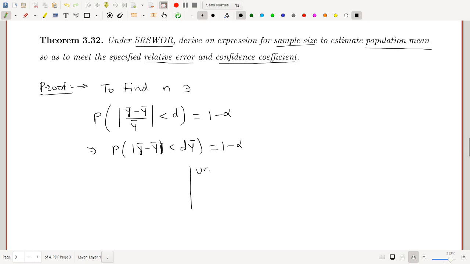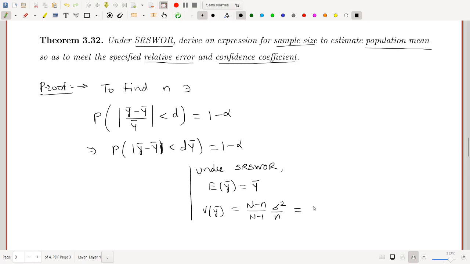We know under the SRSWOR method, the expected value of small y bar is capital Y bar, meaning the sample mean is an unbiased estimator of the population mean, and the variance of small y bar is capital N minus small n upon capital N sigma square by small n.